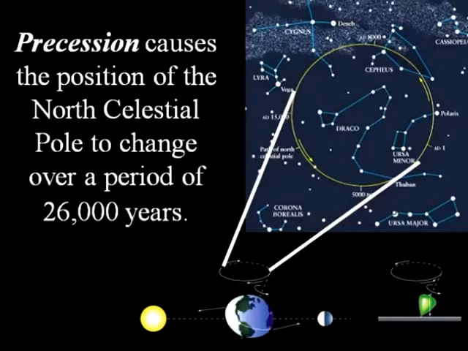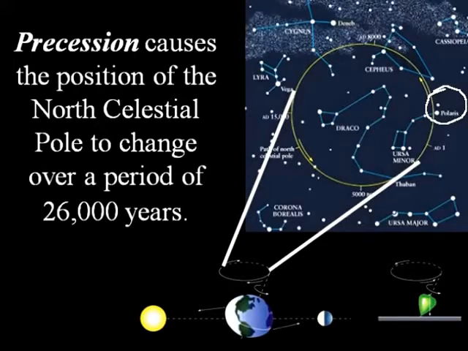And in the sky, what occurs is that the celestial pole points at different spots in space. Polaris happens to be very close to the celestial pole right now, and is our North Star. When the Egyptian pyramids were being built, Thuban was near the North Celestial Pole.